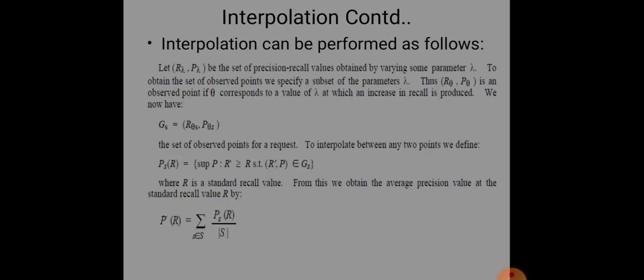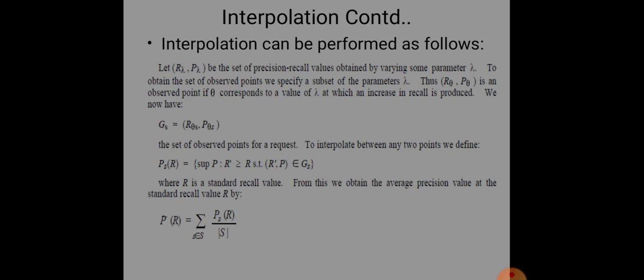And let the points (R lambda, P lambda) be the set of precision recall values obtained by varying some parameter lambda. Here lambda is our observation, which will be from 1 to 4. Here there are 4 observations. To obtain the set of observed points, we specify a subset of the parameter lambda: 1, 2, 3, 4, like that.